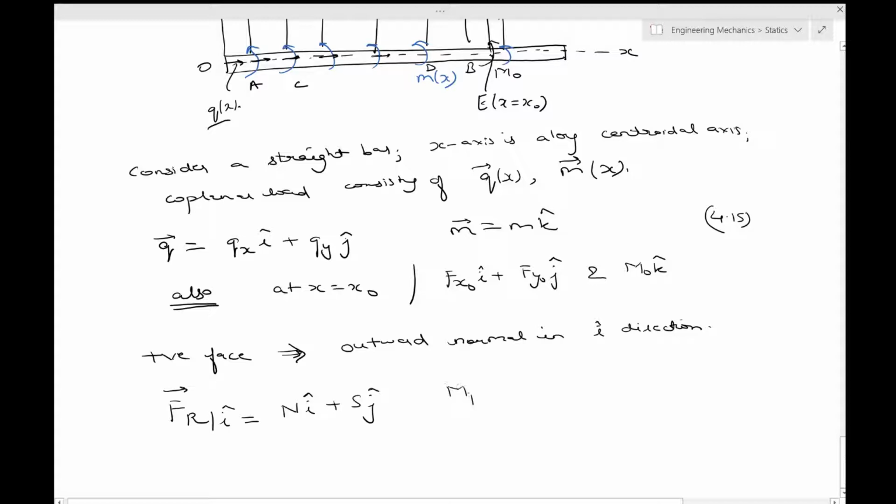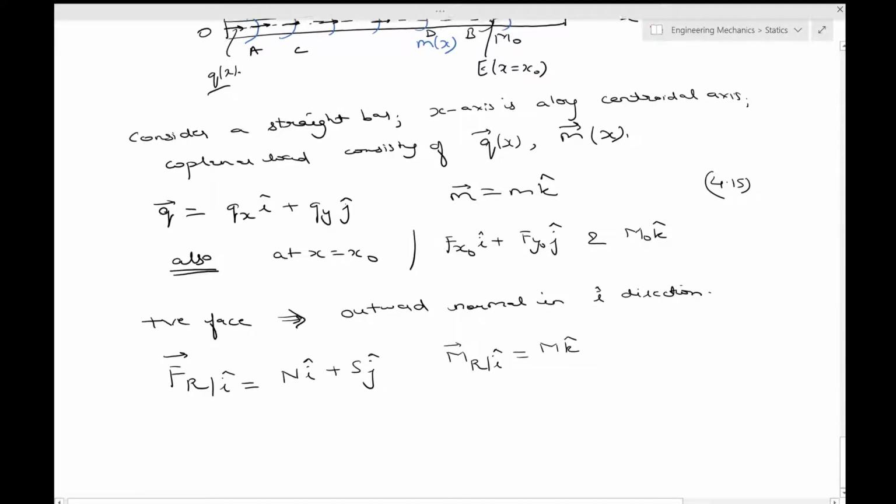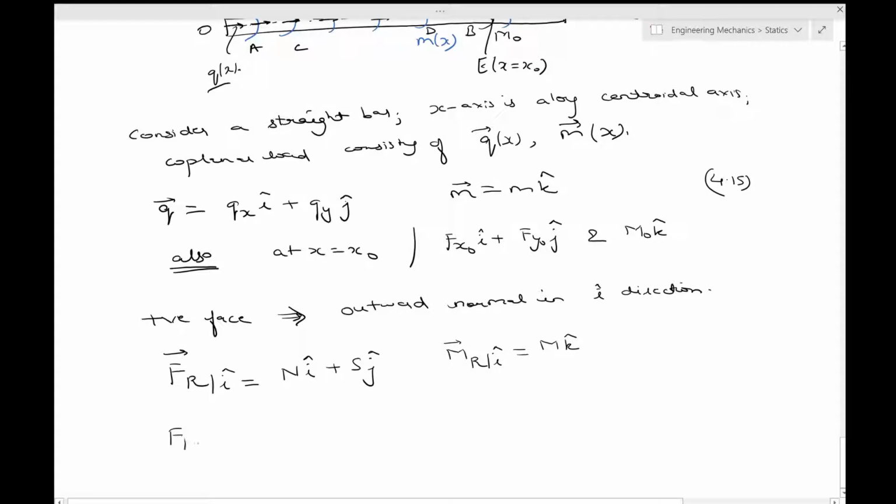Similarly, M R I hat is equal to M K hat. Now again on the negative, which is minus I hat, so the outward normal is in the minus I direction. That would be minus N I hat minus S J hat.